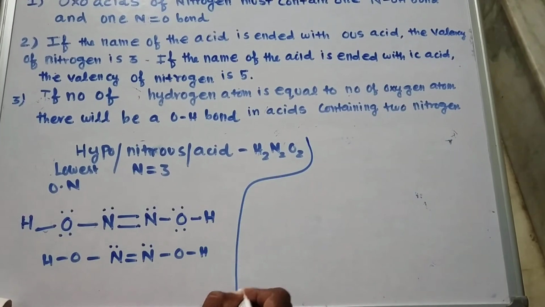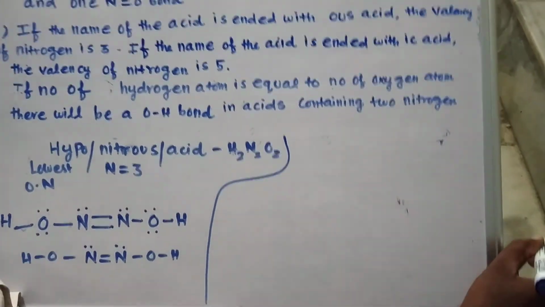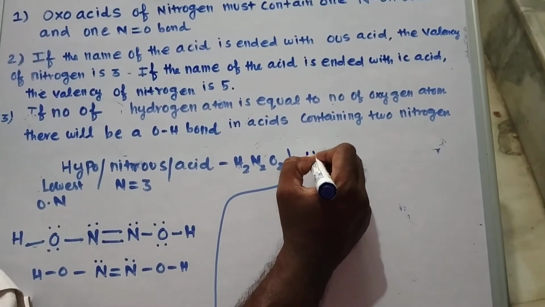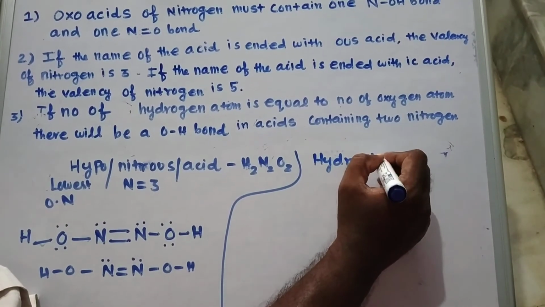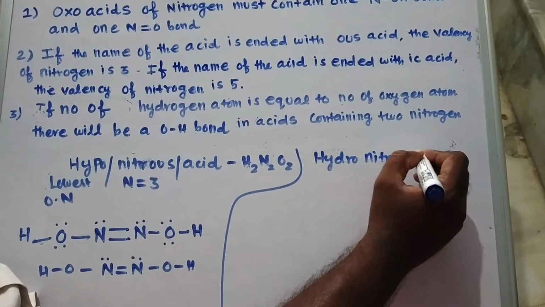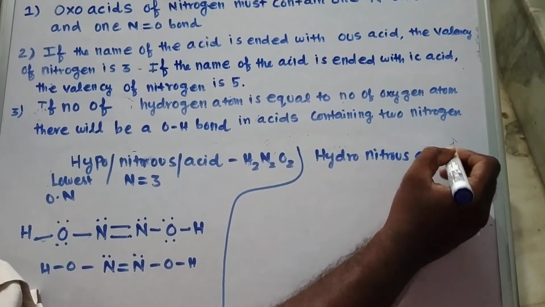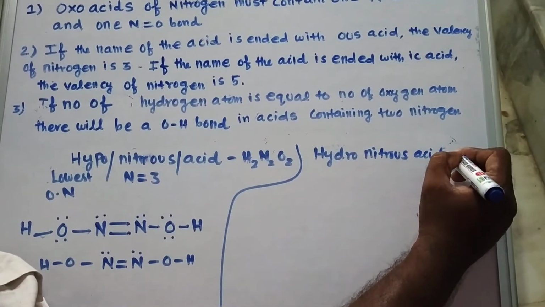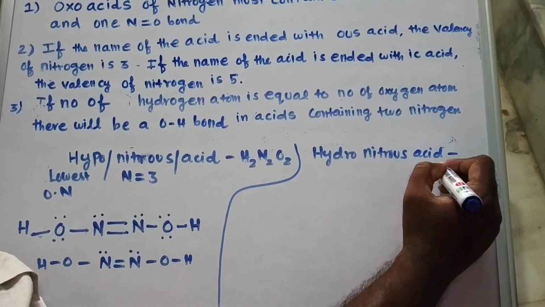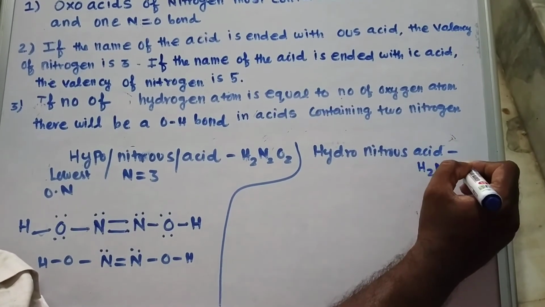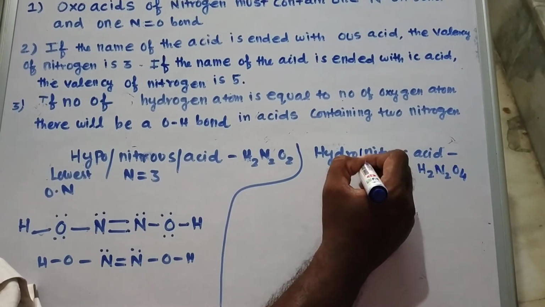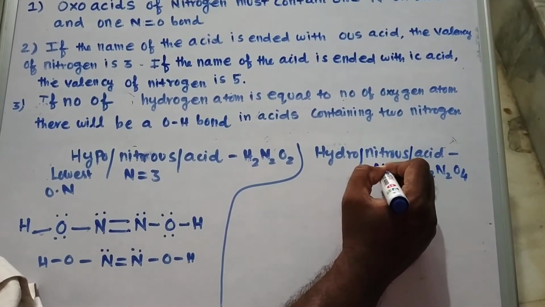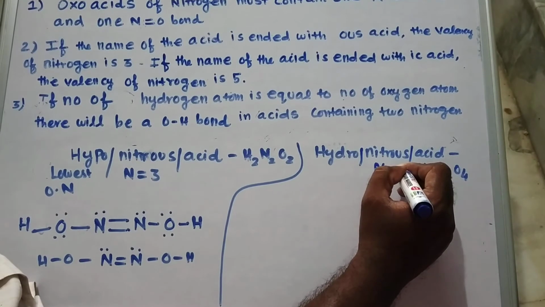Next we are going to discuss hyponitric acid. It has the formula H2N2O4. Nitrous means valency is equal to 3.